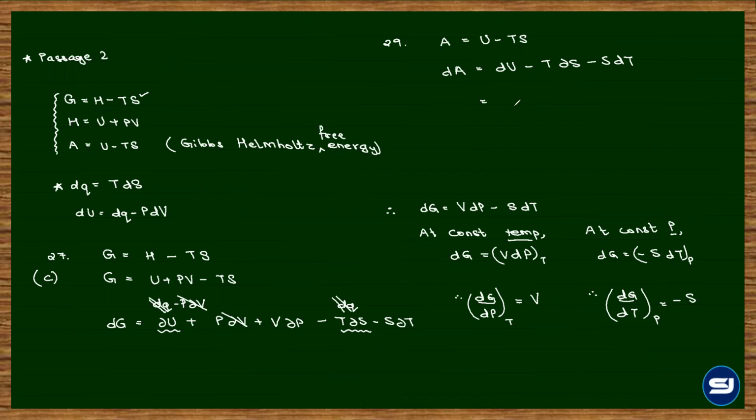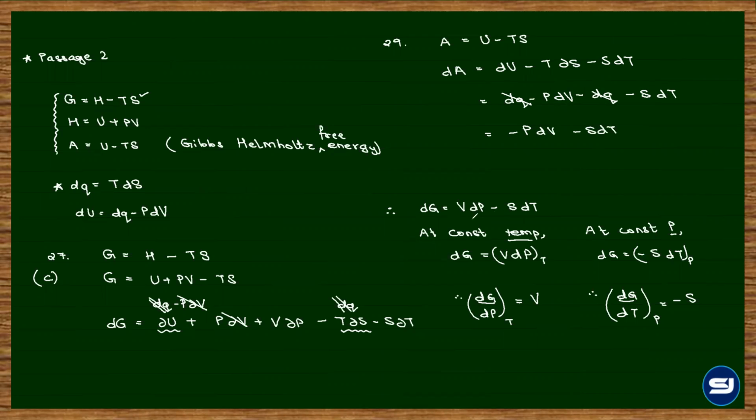In place of dU, dq minus PdV, and this will be dq. dq and S dT, gone. So we get minus P dV minus S dT.